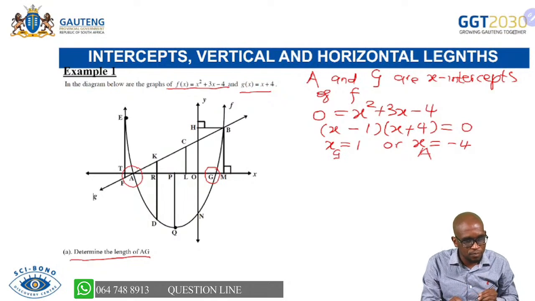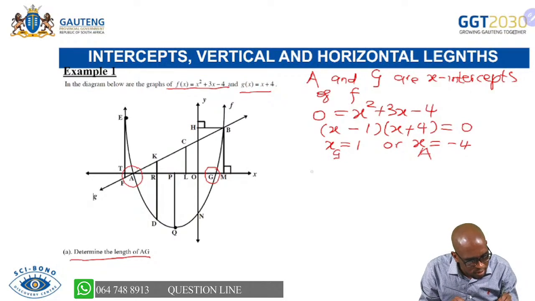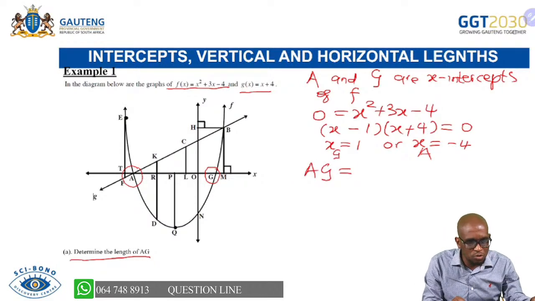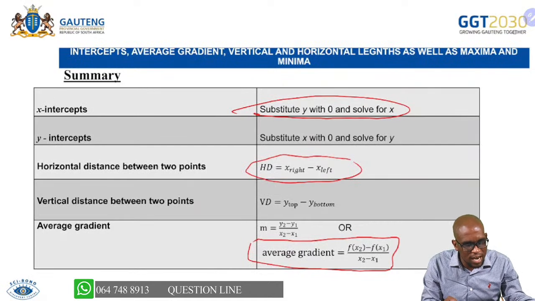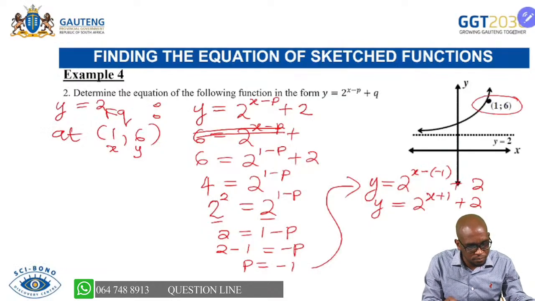Now, to find the horizontal distance AG, we said we're going to take x on the right minus x on the left.